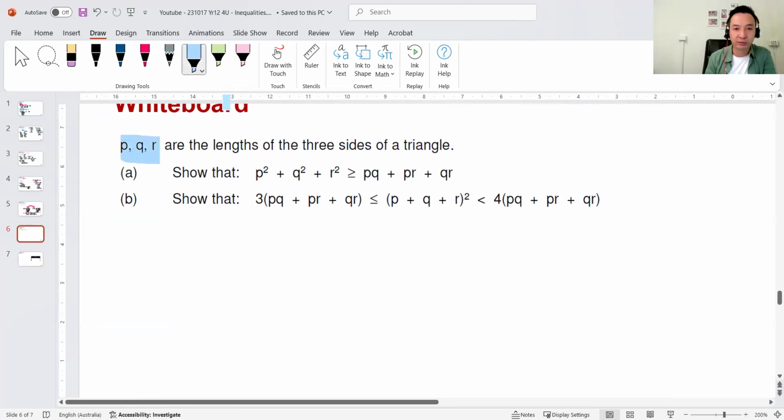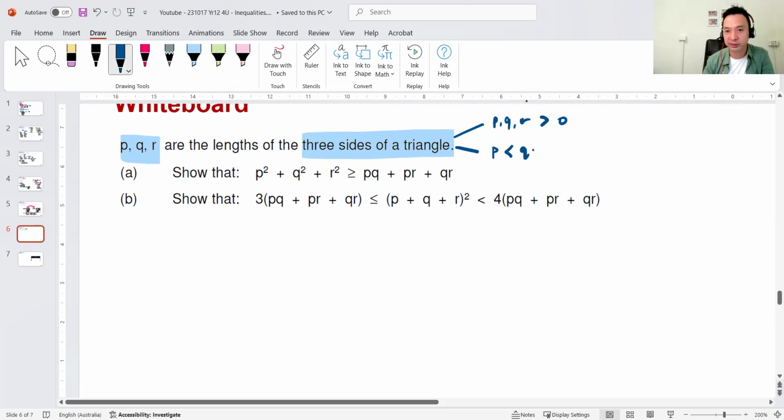So, PQR triangle, sides of a triangle. So immediately we know that PQR are greater than 0 individually, but also triangle inequality, where P is less than Q plus R, etc. All right, let's do this, part A. Now, part A just requires you to prove this.